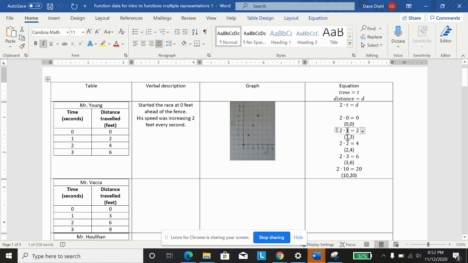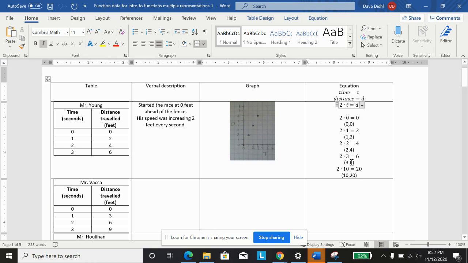So after 1 second, he's gone 2 feet, and there's 1. If I plug in 1 to this equation, I get out 2. So there's the point 1 comma 2 right there. If he goes for 2 seconds, then 2 times 2 would be 4. And that means if I plug in 2 to this equation, I get out 4. If I plug in 3, I get out 6.